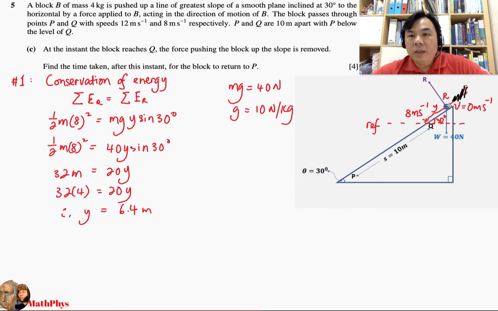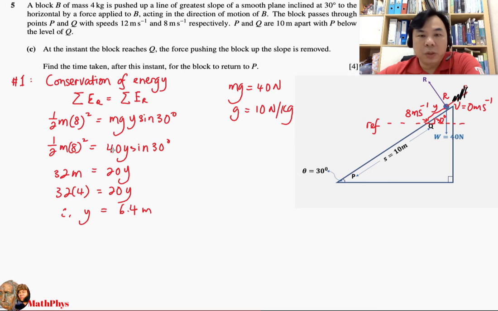And then after that, it would actually travel down from here down here. So we are interested to find out how long it takes to actually move down. All right, now that would depend solely on your SUVAT equations. Now the only challenging part at this point of time is of course the constant acceleration, right?